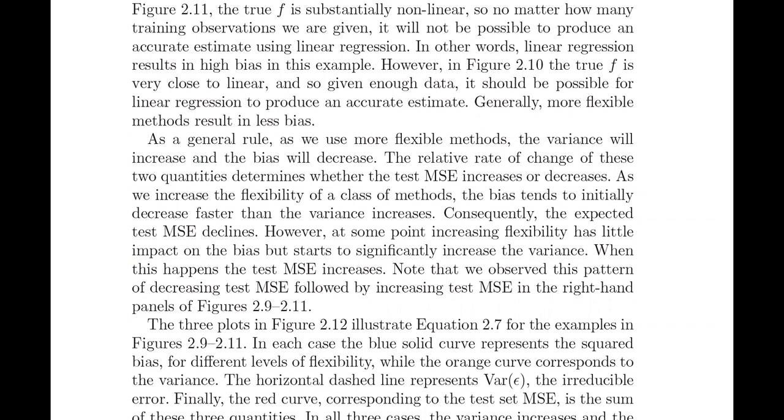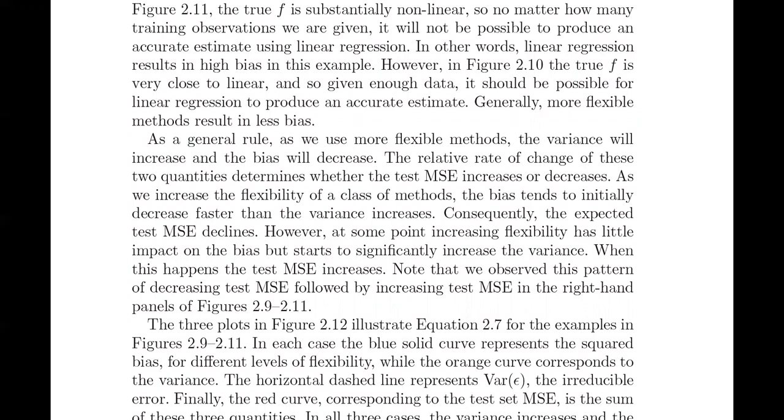In other words, linear regression results in high bias in this example. However, in figure 2.10, the true f is very close to linear. And so given enough data, it should be possible for linear regression to produce an accurate estimate. Generally, more flexible methods result in less bias. As a general rule, as we use more flexible methods, the variance will increase and the bias will decrease.